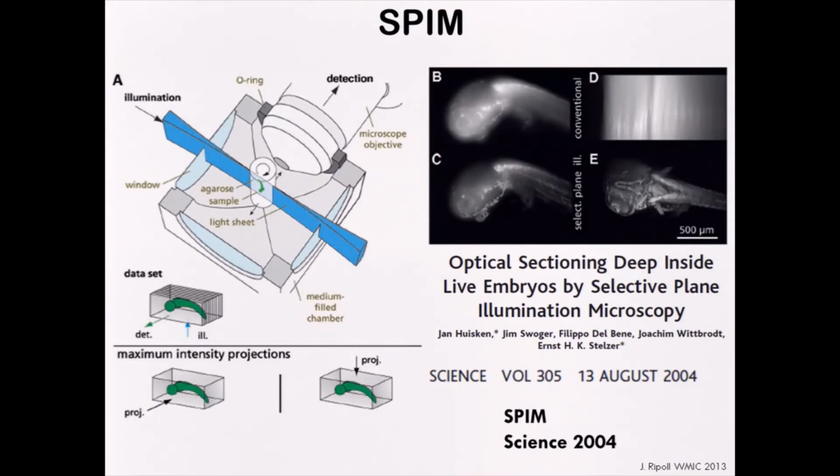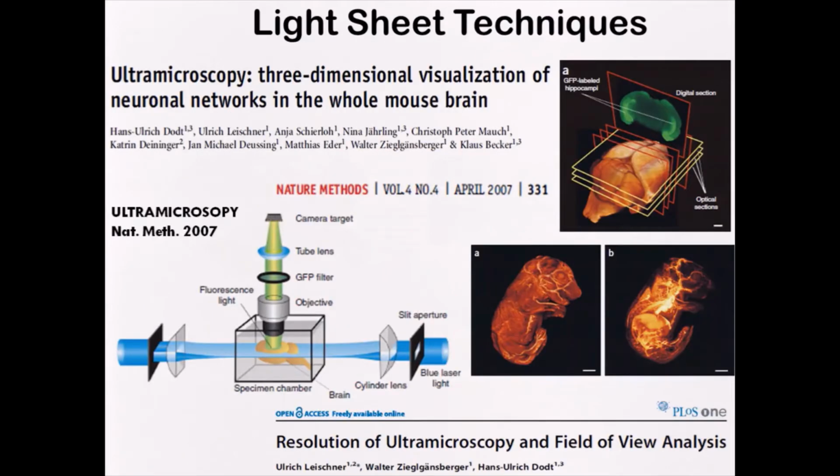In ultramicroscopy in 1903, they generated a sheet of light with a cylindrical lens. If I take this laser pointer and put a big pen in front, which is more like a cylindrical lens, you will see that it generates a sheet of light. I will show this better in the next few slides. Anyway, this got the ball started, and by 2007 another group published something very similar, and they actually called it ultramicroscopy.